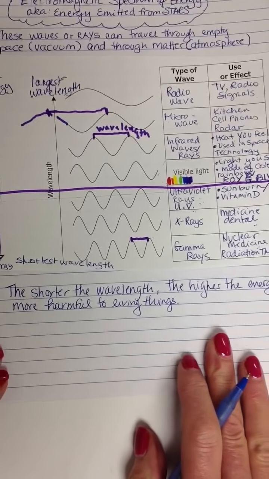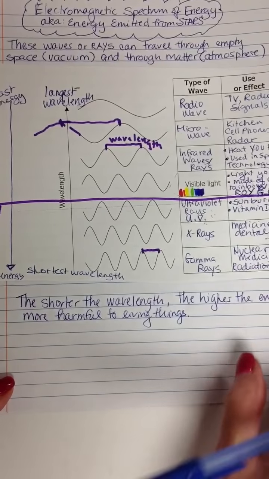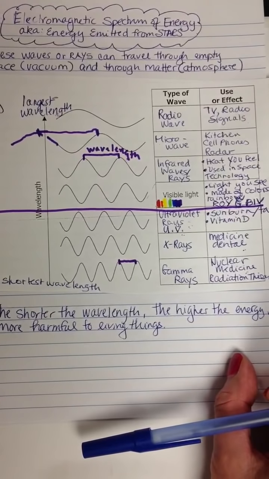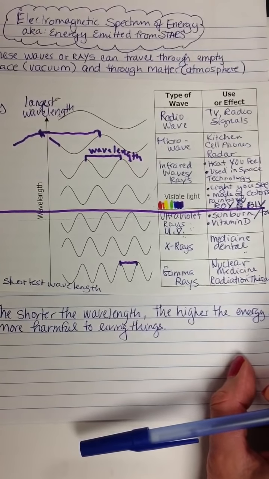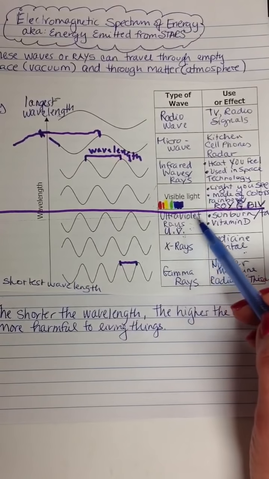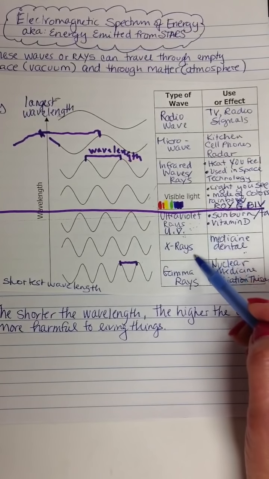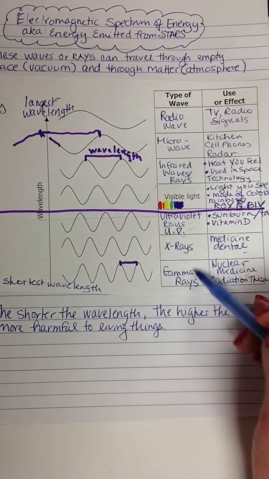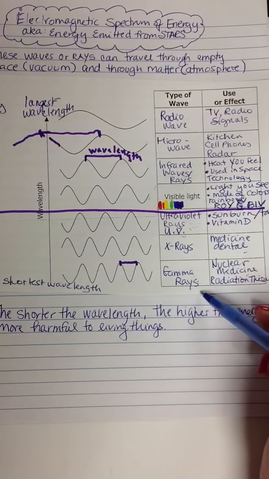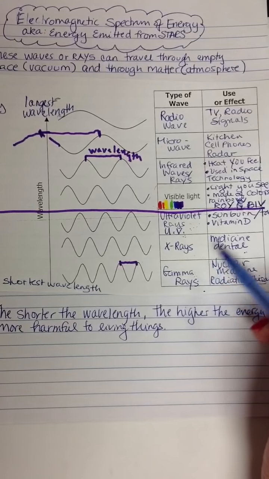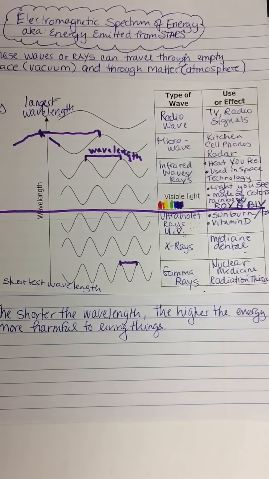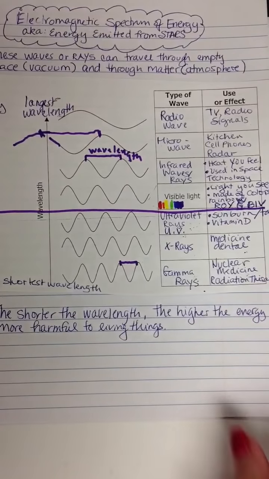So let's look up here real quick. What actually provides life some protection from these rays that are coming from our sun or any star: ultraviolet, X-ray, and gamma? How is it that we're not all dead if exposure to them is dangerous? Well, we do have something in our atmosphere that protects us from some of these harmful rays.